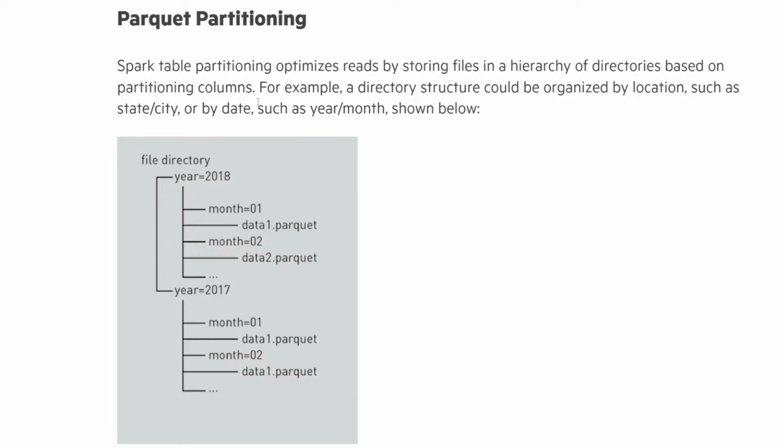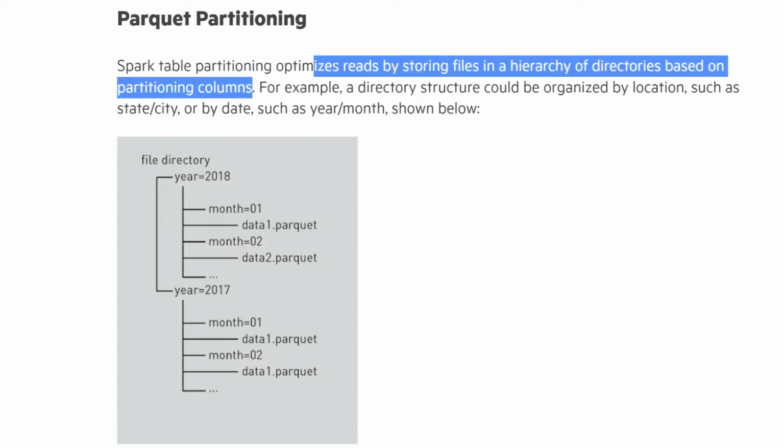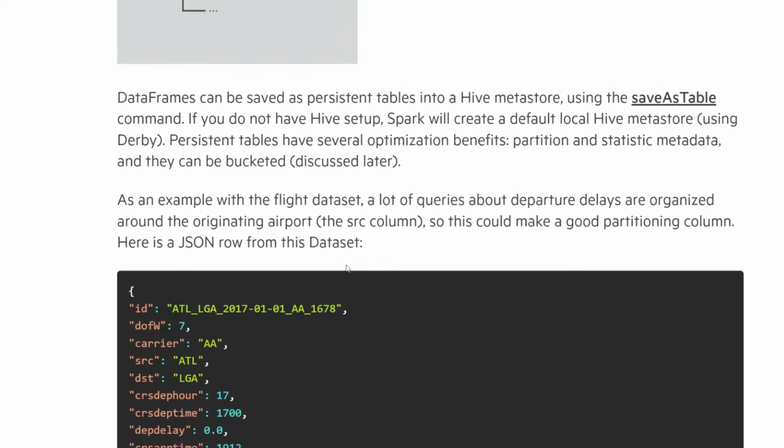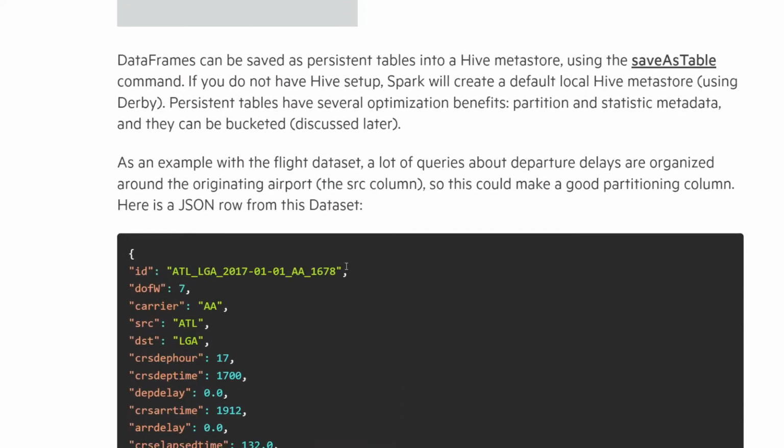So we partition based on the columns that we specify, and you can also have a partitioning hierarchy. You could also do it based on state and city, country and state. All those things are doable, and you can partition based on any of those fields.